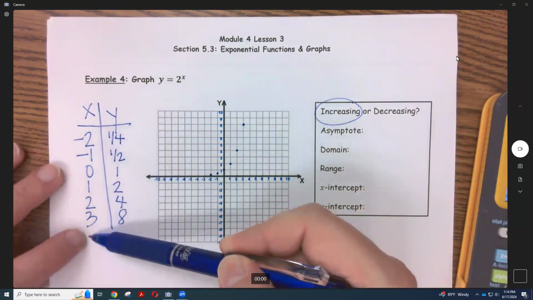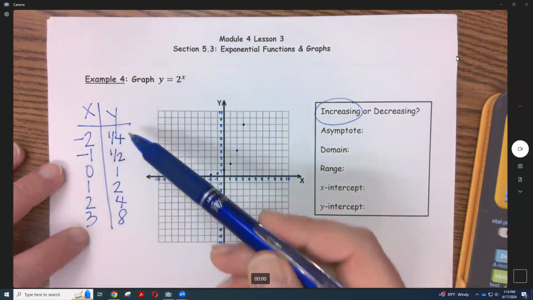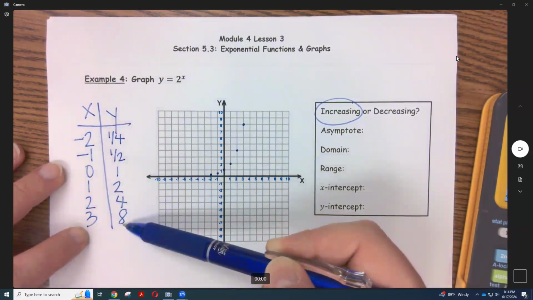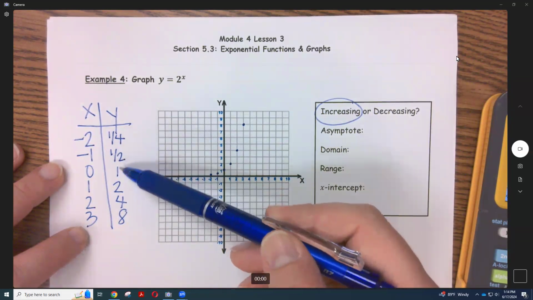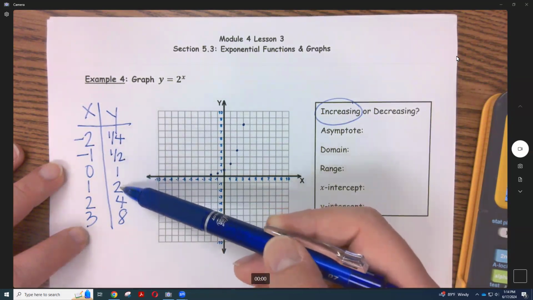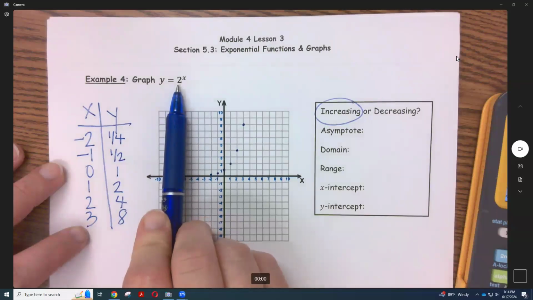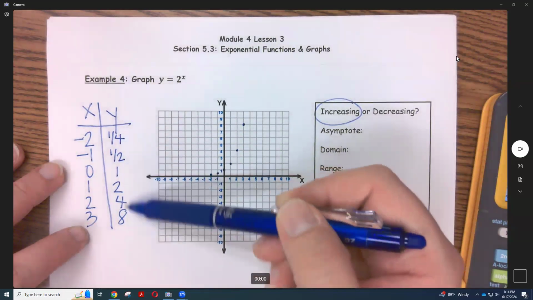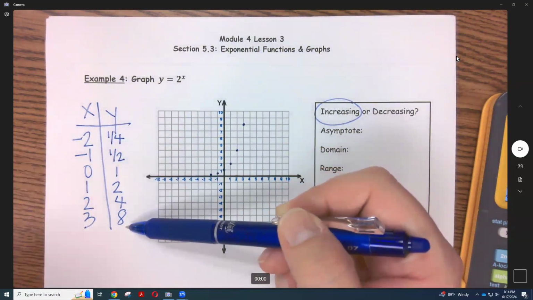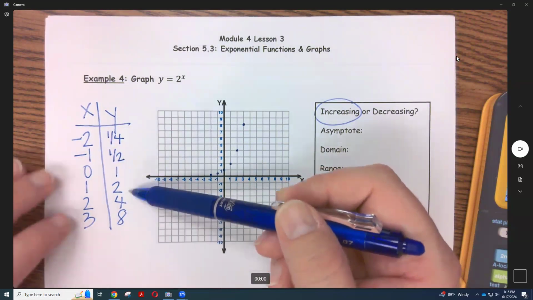As these x's are getting bigger, what's happening to these numbers every time? It's going from 1/4 to 1/2, from 1/2 to 1, to 2, to 4, to 8. Everything's doubling. And why is that? That's because that's my growth factor, or my base. Because my base is 2, these are all going to increase by doubling.